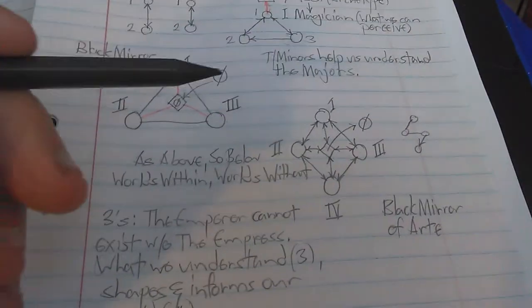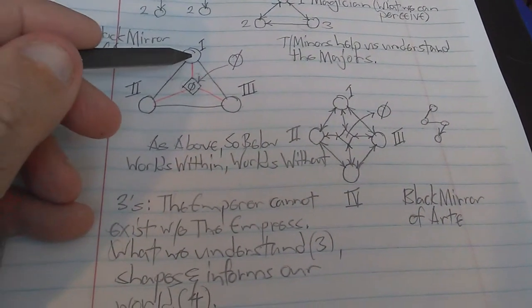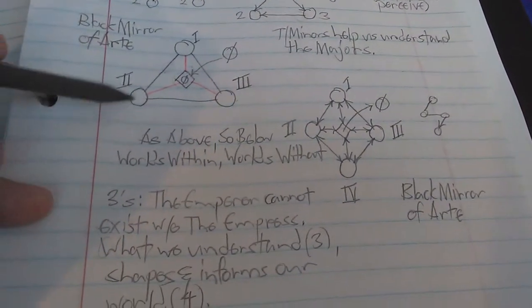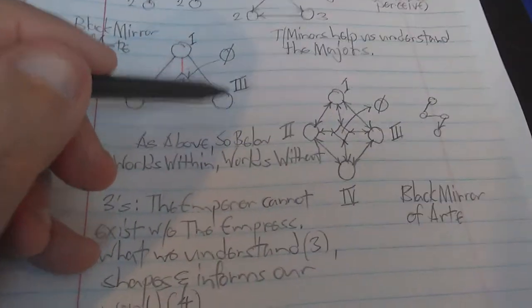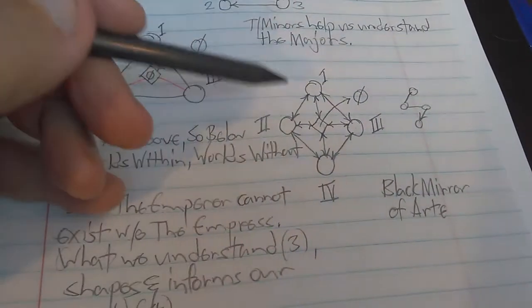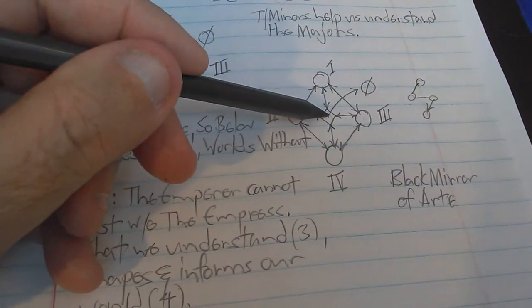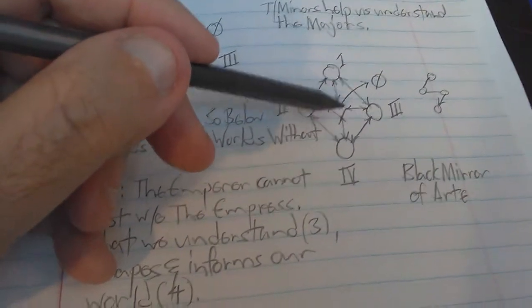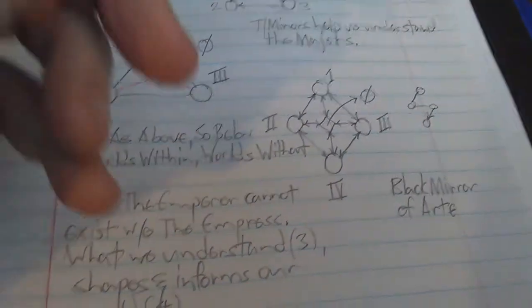So, if we're working with the idea of as above, so below, worlds within and worlds without, we wind up here with, again, the Fool in the middle to represent the eternal source of everything that we're working with.